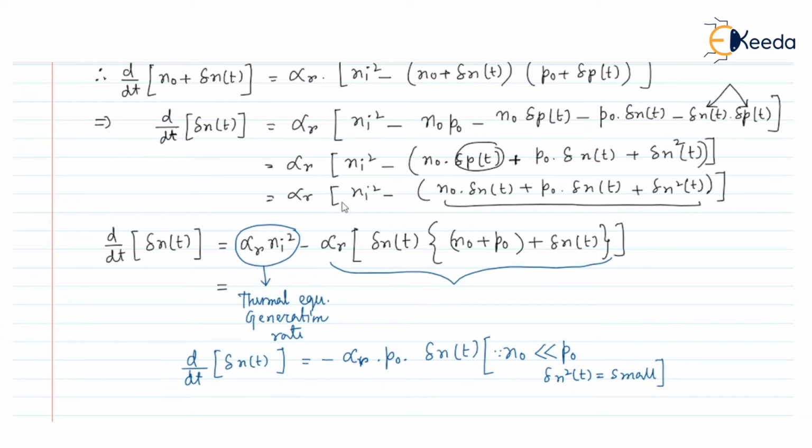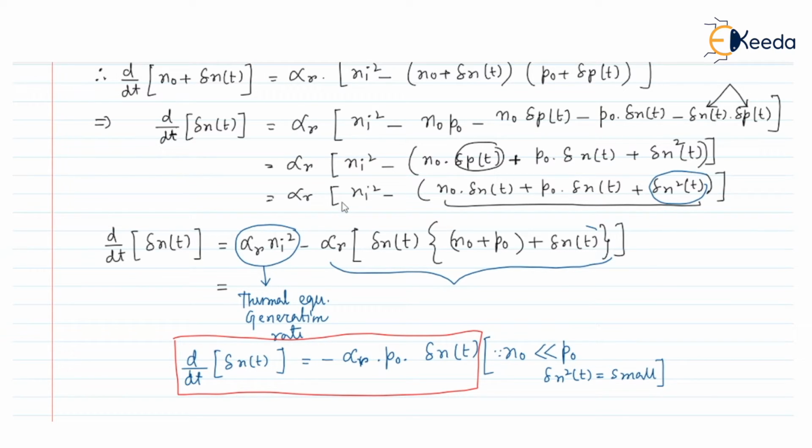That's why we have neglected this δn²(t), and we have neglected the n0 term, because n0 is very much less than p0. So we have got a final equation where d/dt of δn(t) is equal to minus αr p0 δn(t).